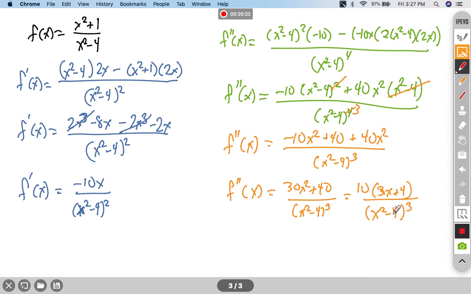Now, if we look at the very original function, right here we have x cannot equal 2 or negative 2. Those are going to be vertical asymptotes. So that basically already breaks up my function into negative infinity to negative 2, negative 2 to 2, 2 to infinity.